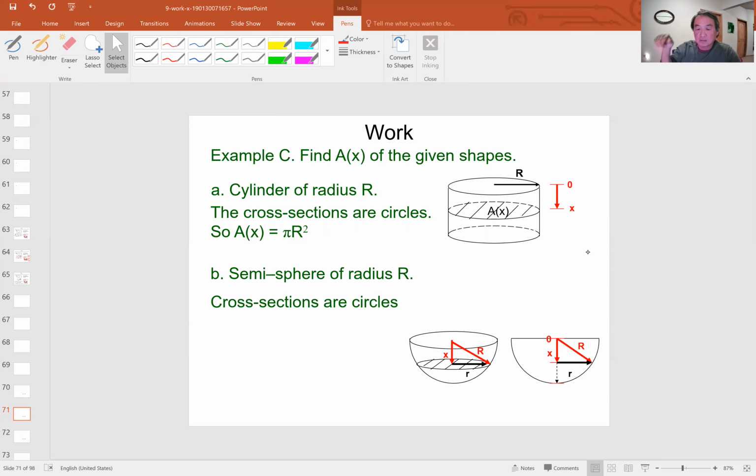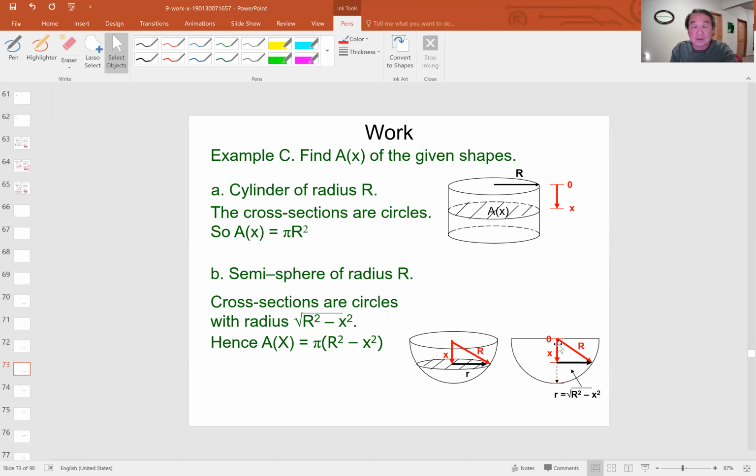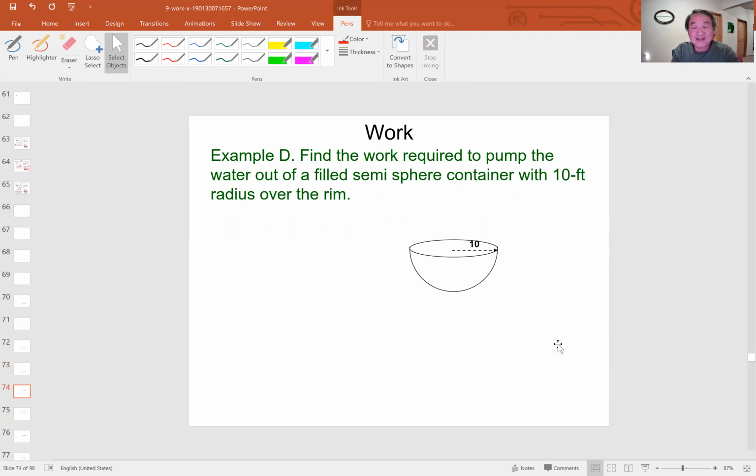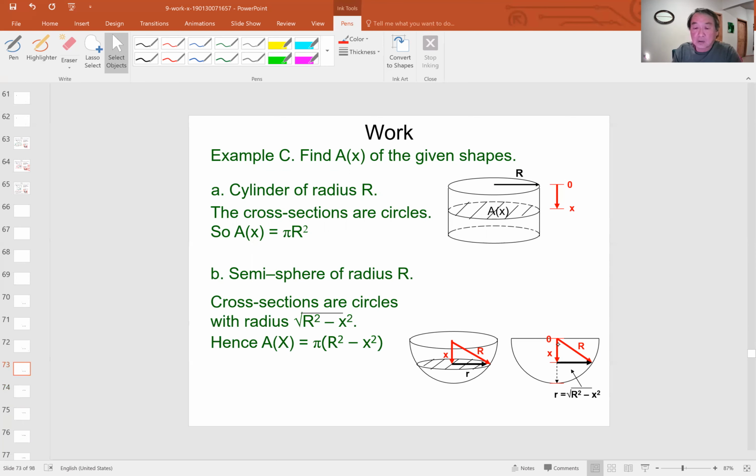If I point x from the center down to the bottom, then going down to the depth of x, the radius, the black line, is going to be the square root of big R squared minus x squared. And then the cross-sectional area is pi times (big R squared minus x squared). So this is how cross-sectional areas are calculated.